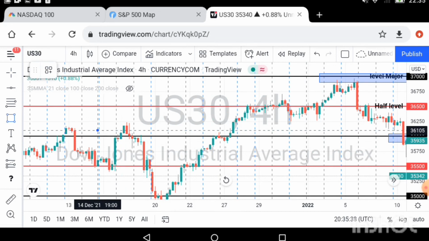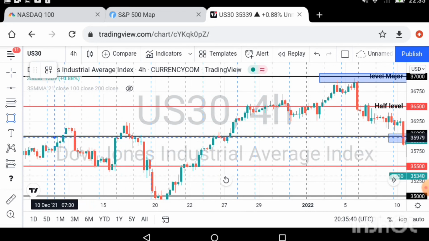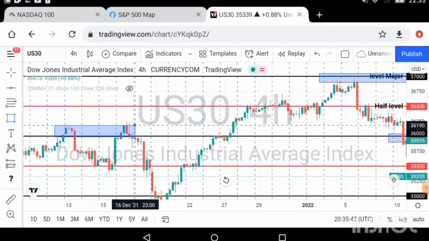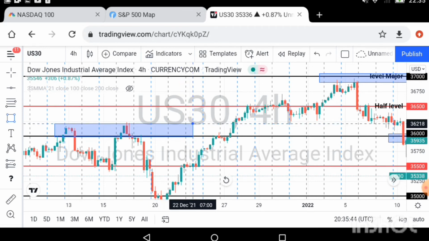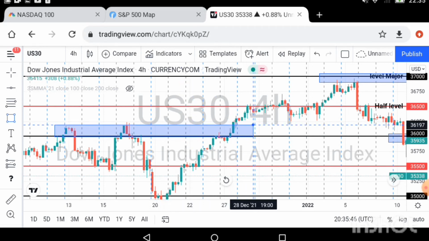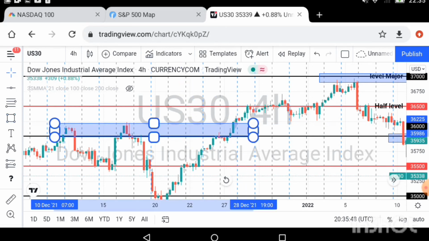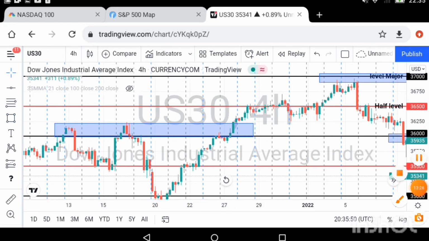Okay, in this case, look at what it did. It formed some kind of a resistance, then eventually broke off around here. But this was a perfect resistance. This was the break off of the resistance here. Let me just mark it as well.